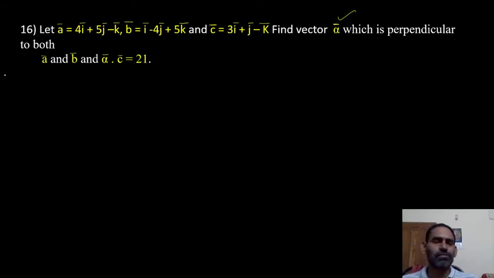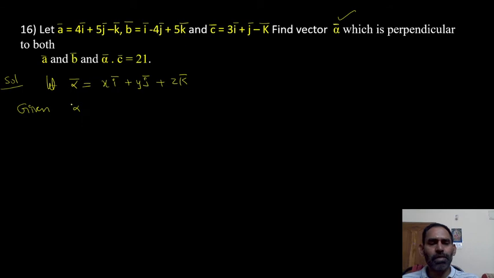First of all, we'll start with this. We have to find out alpha bar. That's why the required vector alpha bar equals, we are assuming, xi bar plus yj bar plus zk bar. Finally, we have to find x, y, z using these three conditions. First I am writing what is given: alpha bar is perpendicular to a bar.